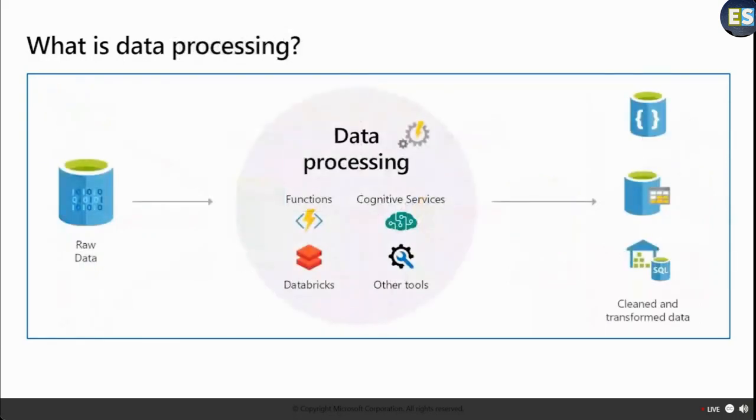Which leads me to data processing. The data processing stage generally occurs after the data has been ingested and or collected. Data processing takes the data in its raw format, cleans it, and converts it into a more meaningful format that can then be stored in tables, graphs, or document databases and so on.